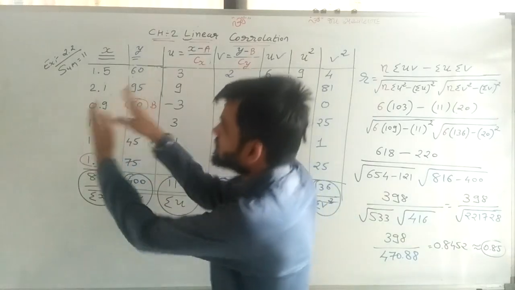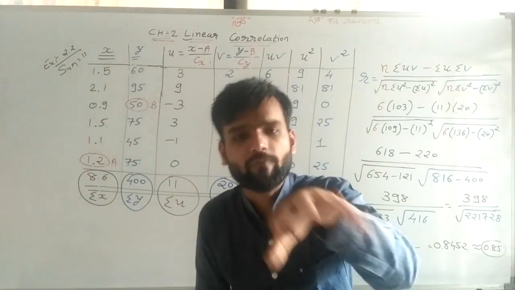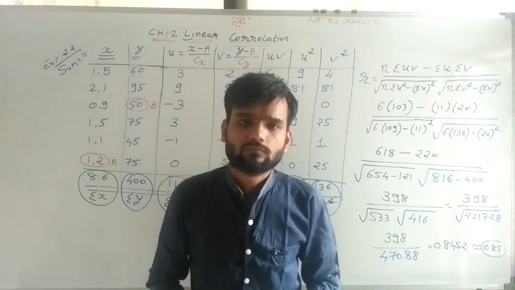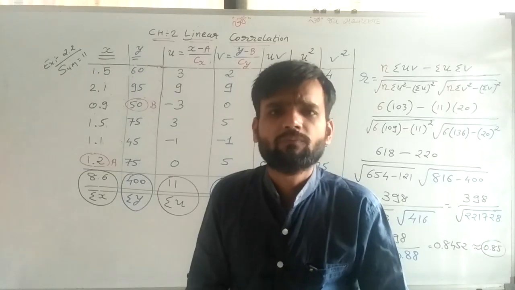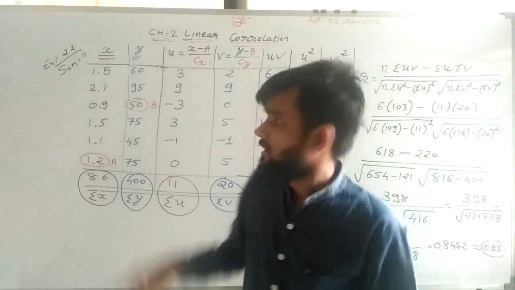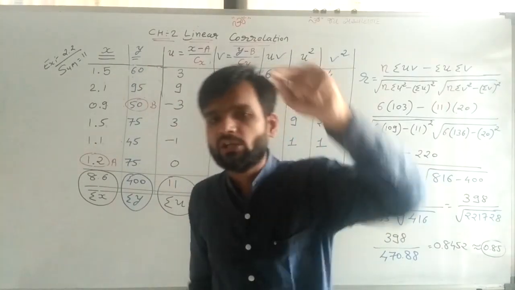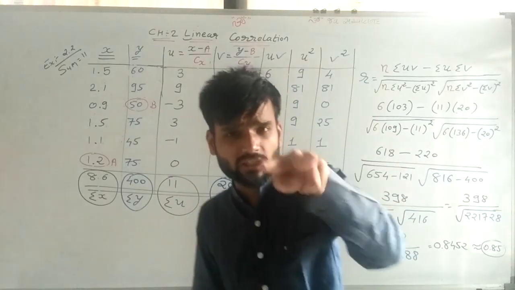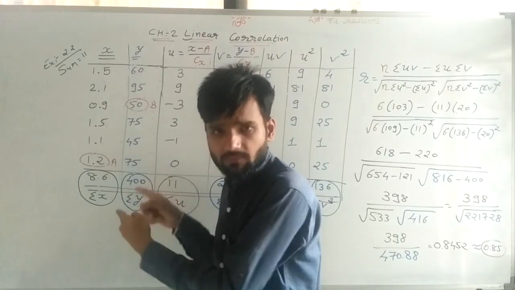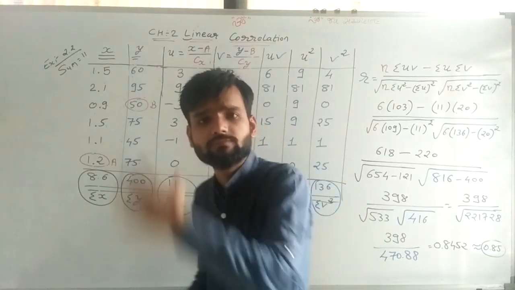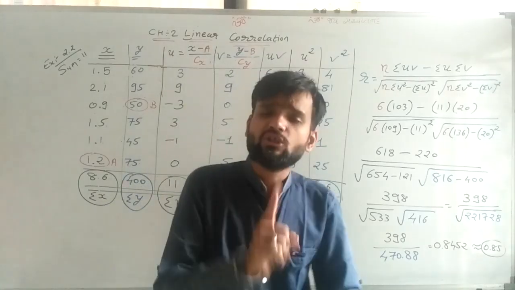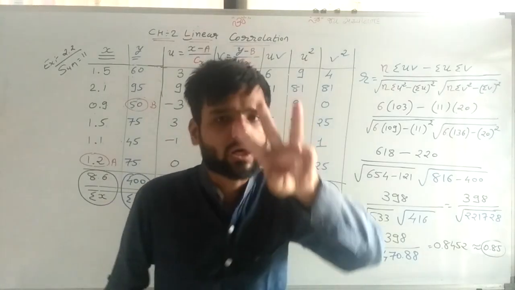We need to convert this fraction value into natural or normal values, and large values into small values, and both conditions are satisfied in this sum. That's why I have taken this sum, so that you can easily understand why we are using the third formula.